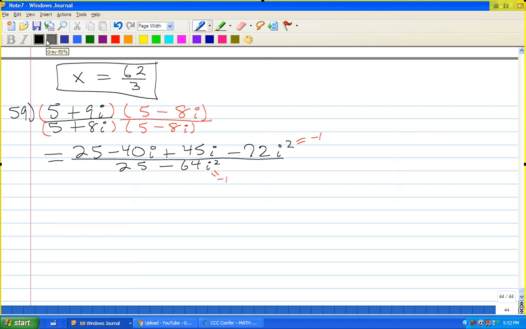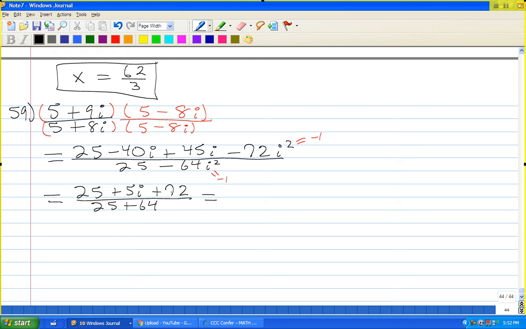And so this becomes 25. 45i minus 40i is 5i. The negative 72i squared becomes a positive 72. The negative 64i squared becomes a positive 64.